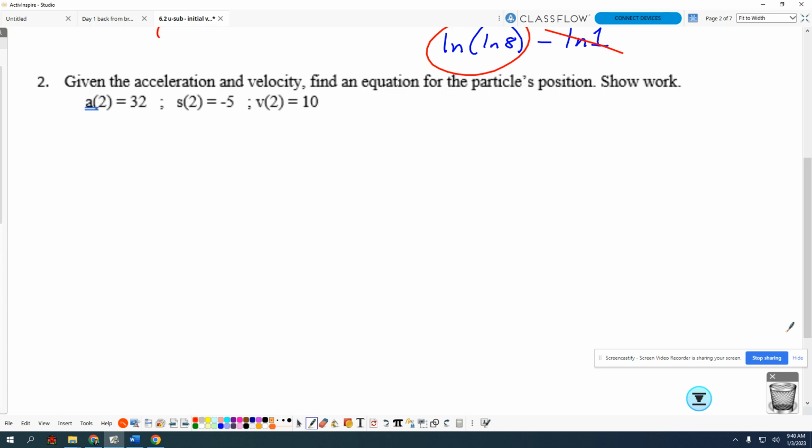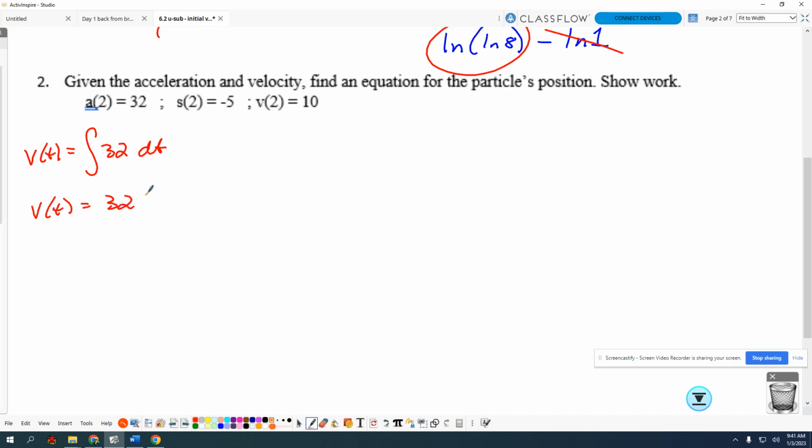First you would integrate the acceleration to find the rate of change of the velocity. So velocity is the integral of acceleration. I agree, plus C.